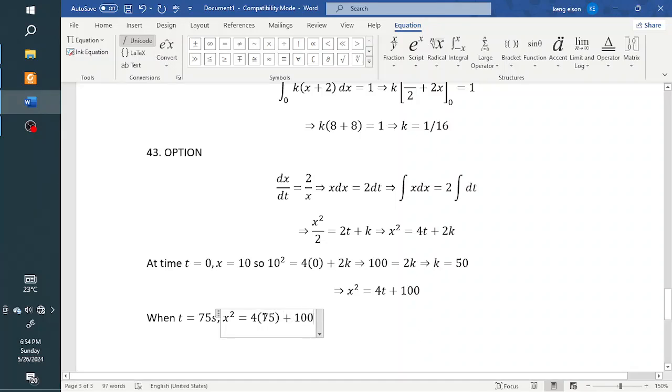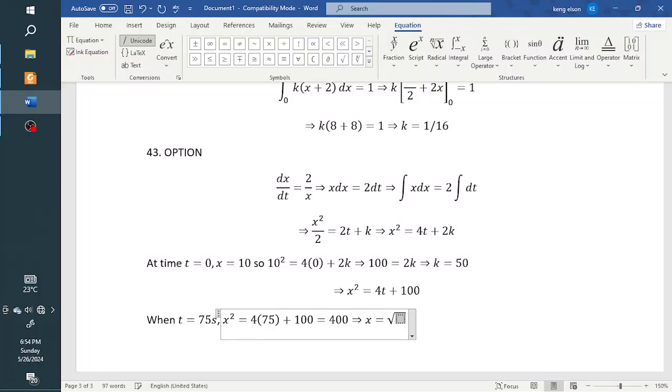Now 75 times 2 is 150, so times 4 will give us 300. 300 plus 100 is 400. We just take the positive square root, because liters cannot be negative. So we have the square root of 400 liters.